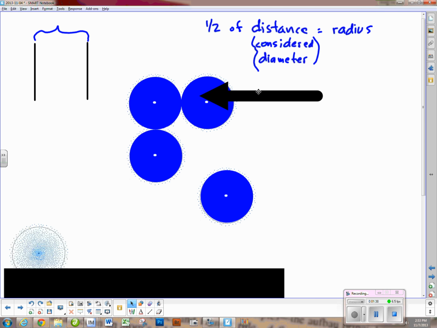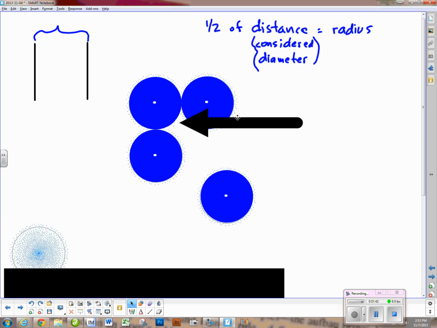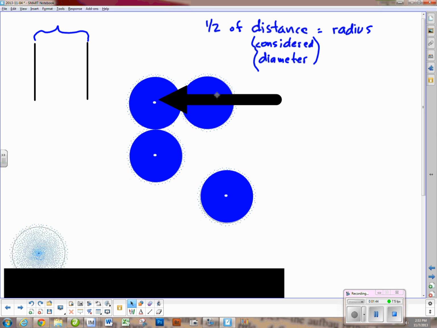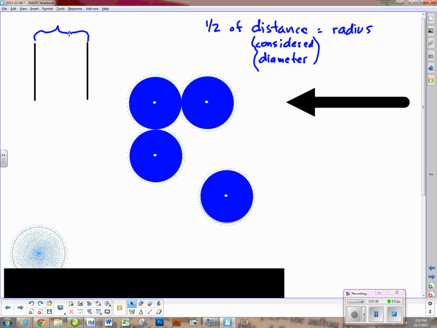Just like this guy has electrons traveling out here that will invade the space of this guy. So the way they pack in a crystal is the way that we get to figure out how big these things are in practice.